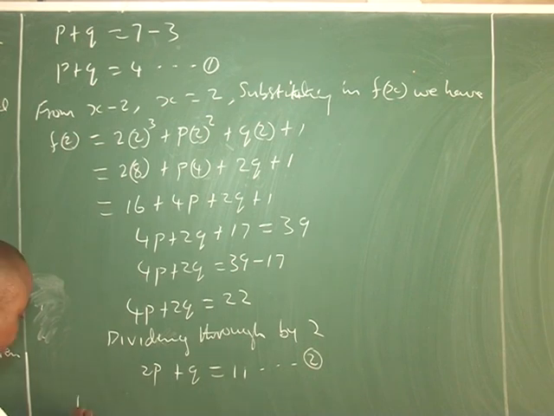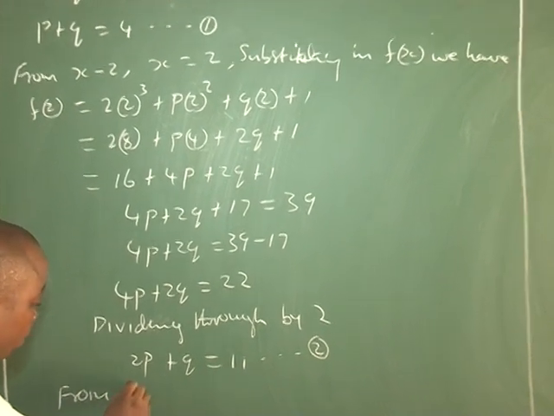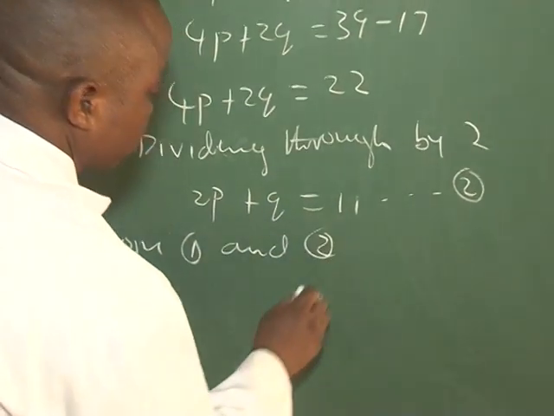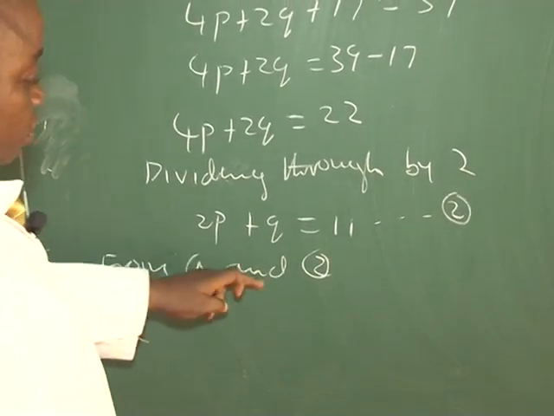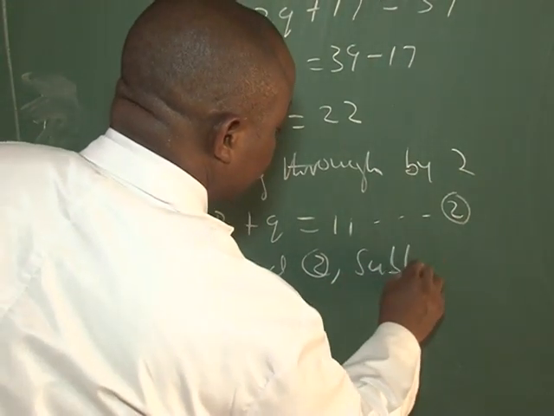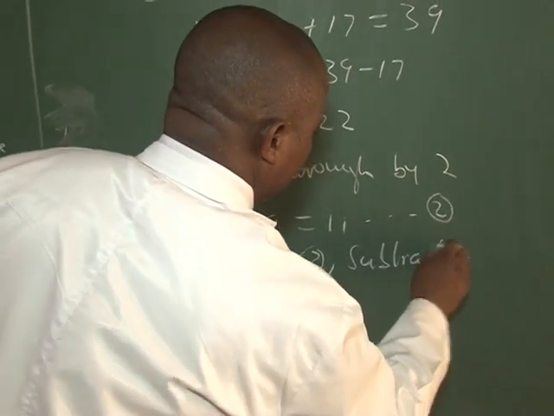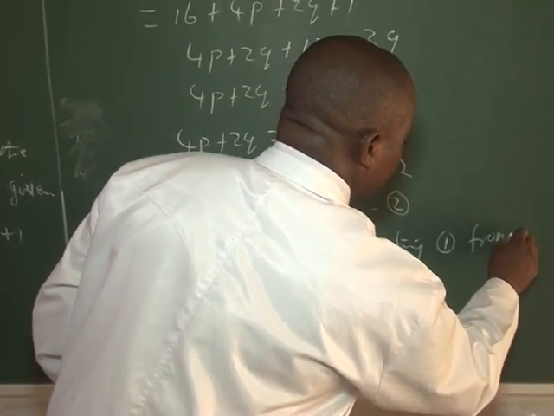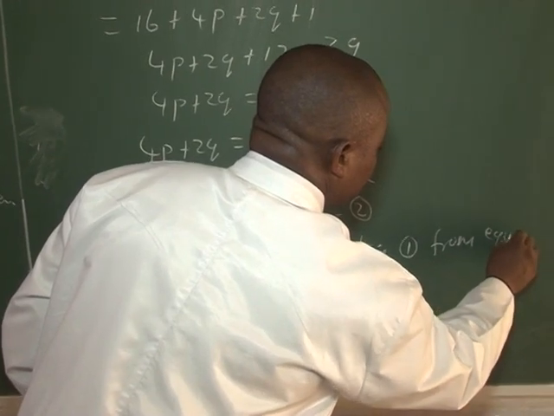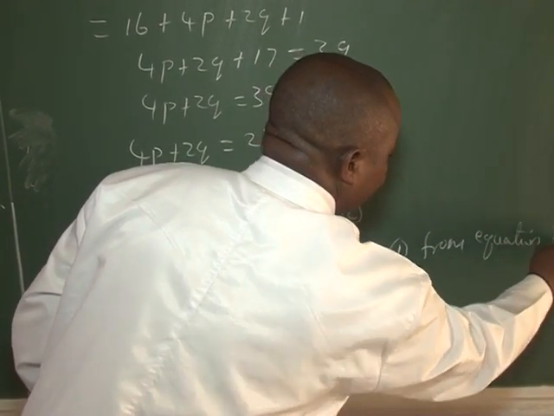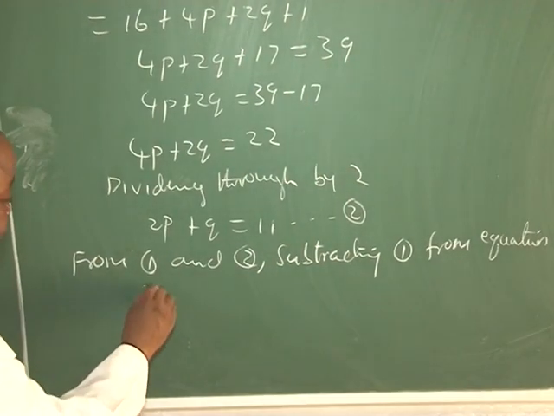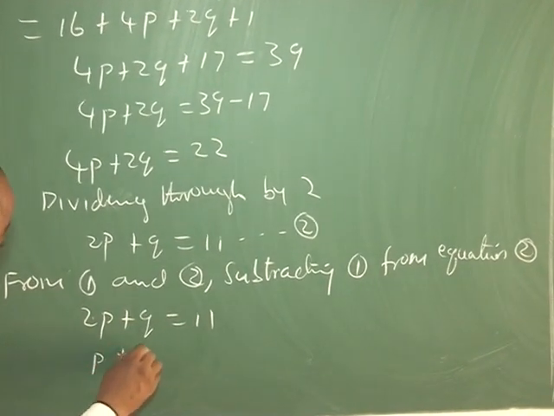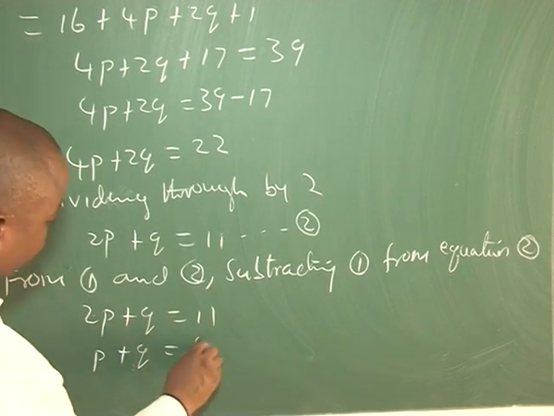So, subtracting equation 1 from equation 2, we'll have 2p plus q equal 11, p plus q equal 4.